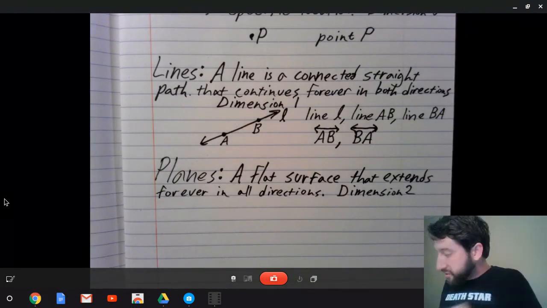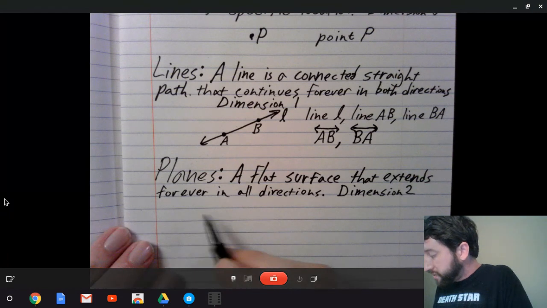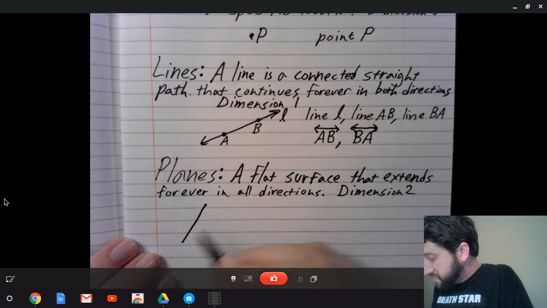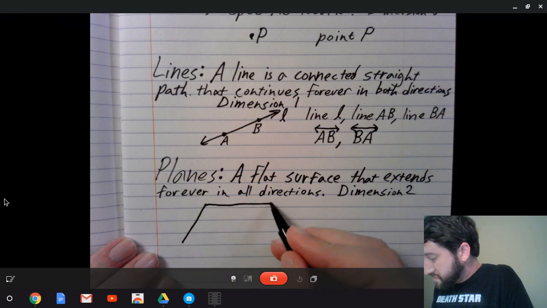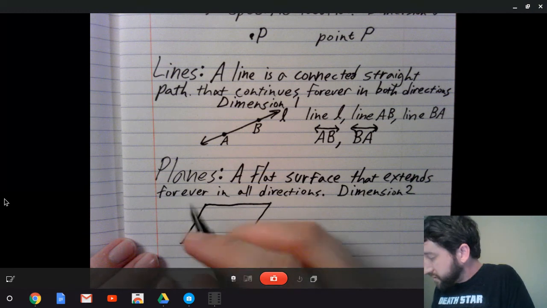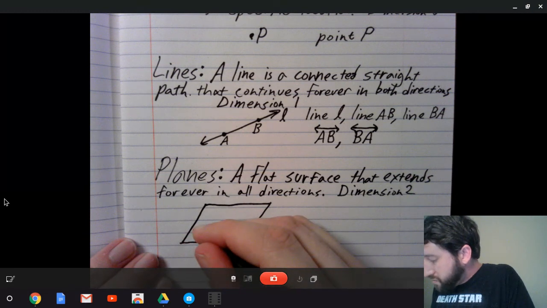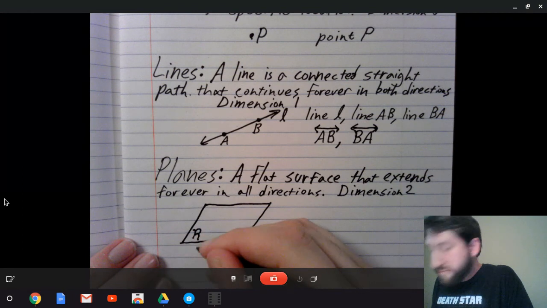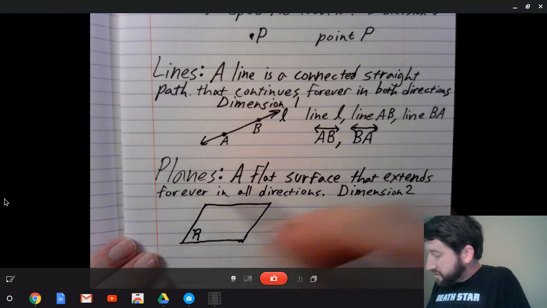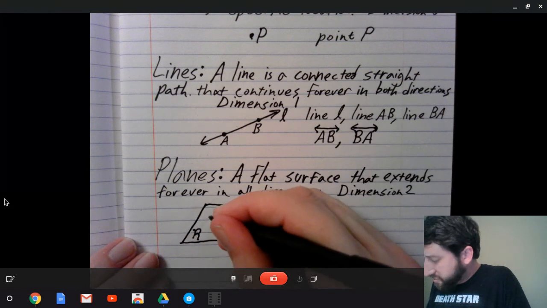And so again, there's a couple of ways we can talk about it in our two-dimensional plane here. A plane, you could either use an uppercase, fancy, italic letter, so I'm just going to use R. For some reason, we always use R for planes.